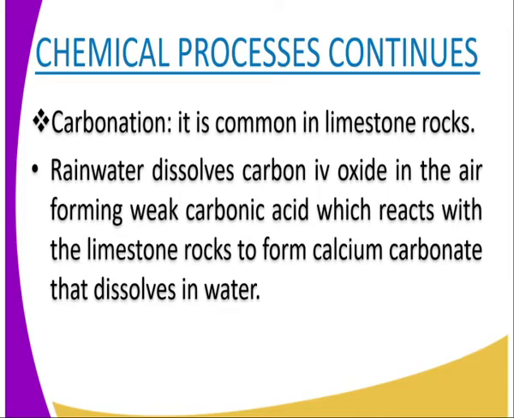So you can see how carbonation takes place. And it must combine with the water during rainy season. And then this weak carbonic acid is the one that reacts with the limestone, removing the content that is found in the limestone, making the rock become weak. So in that case, you have that rock becoming weak, and then it can break down.